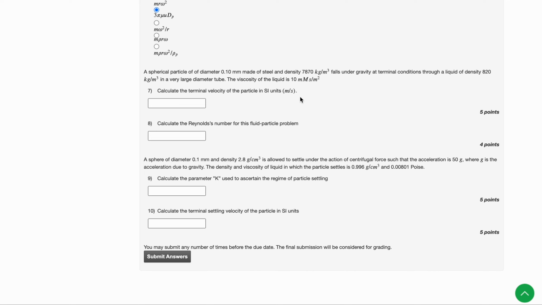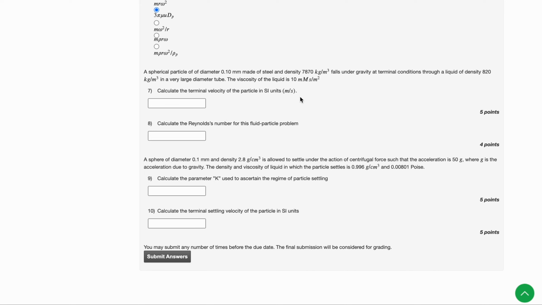Anyone know the relation? 1 poise equals 0.1 Pascal second.